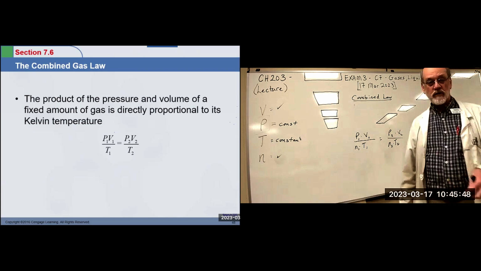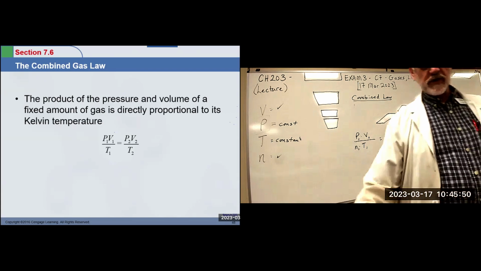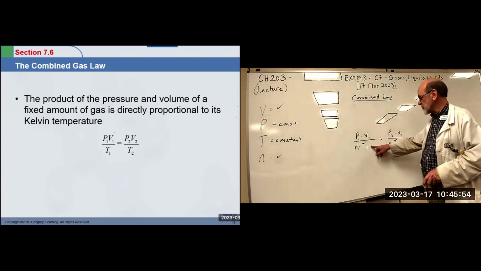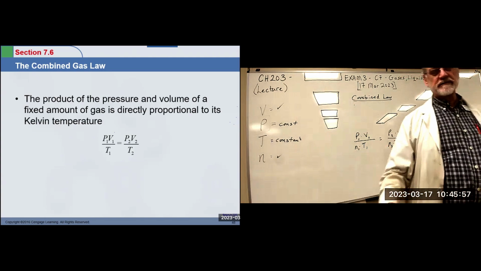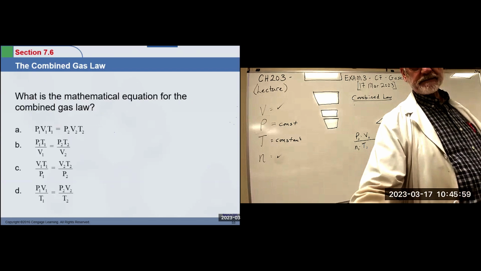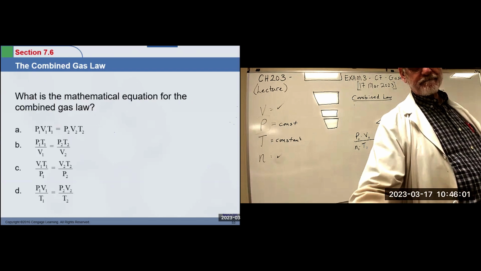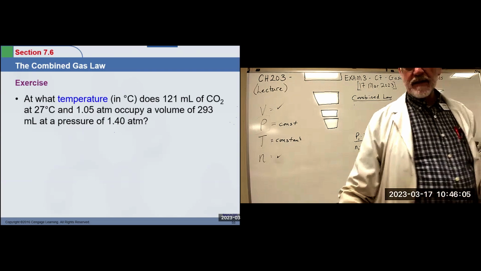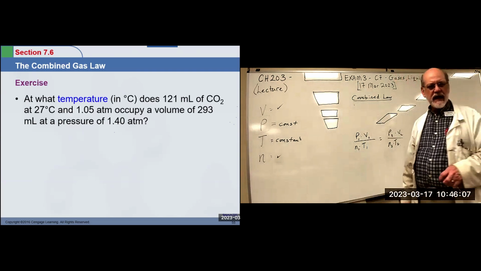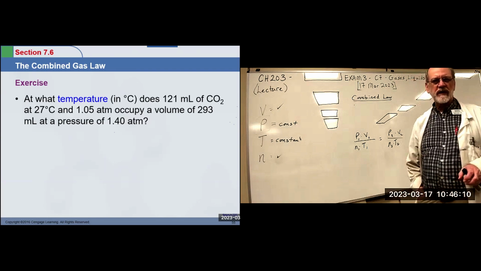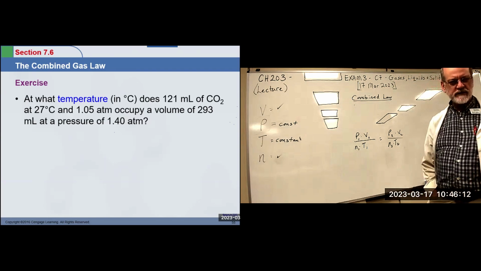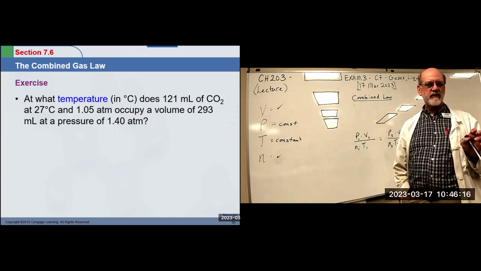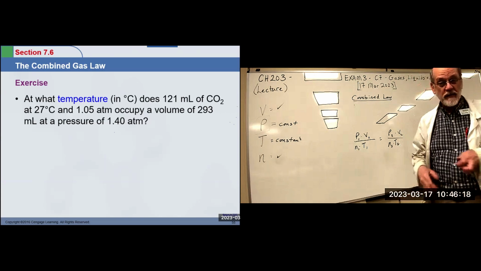Now, in the slide, of course, we left out the number of moles. That's what clued me into a problem. And also remember that these temperatures must be converted to Kelvin. All right. So in this case, at what temperature does 121 milliliters of carbon dioxide at 27 degrees and 1.05 atmospheres occupy a volume of 293 milliliters at a pressure of 1.4 atmospheres?